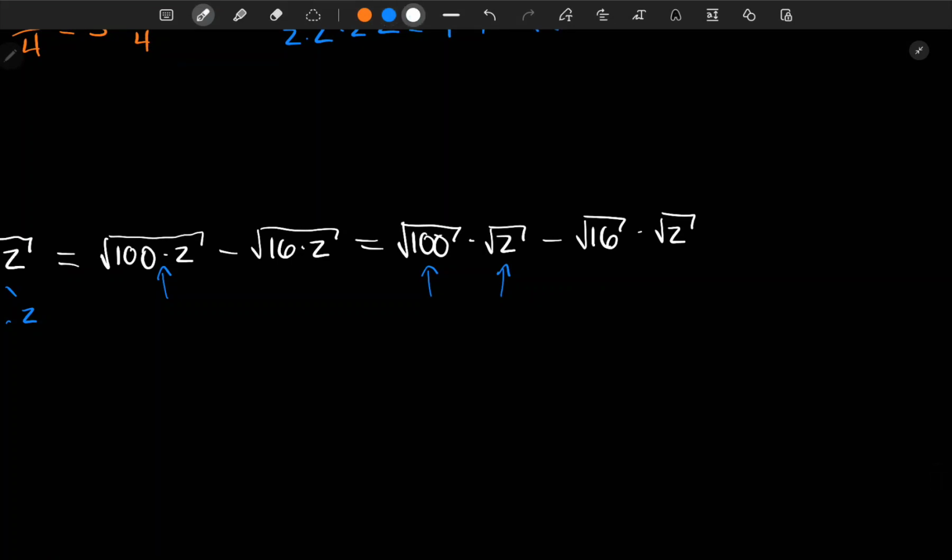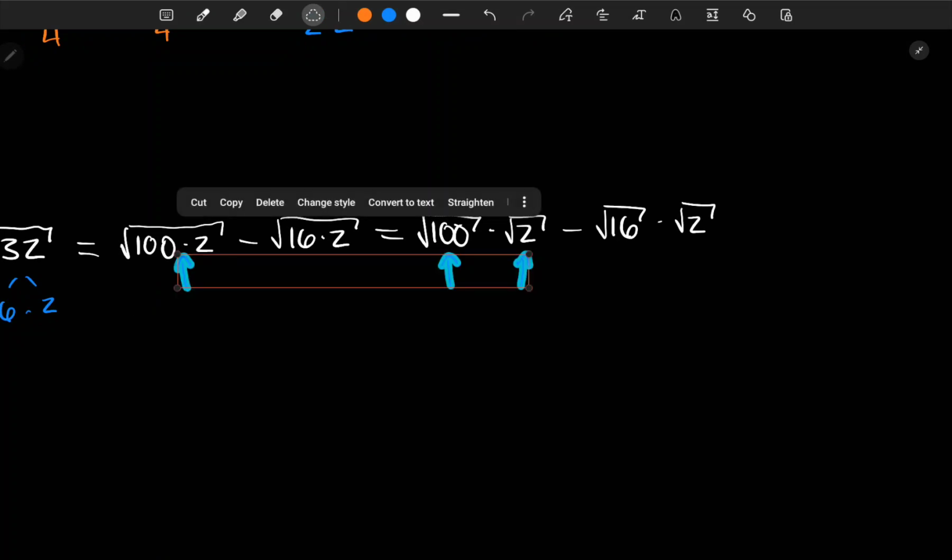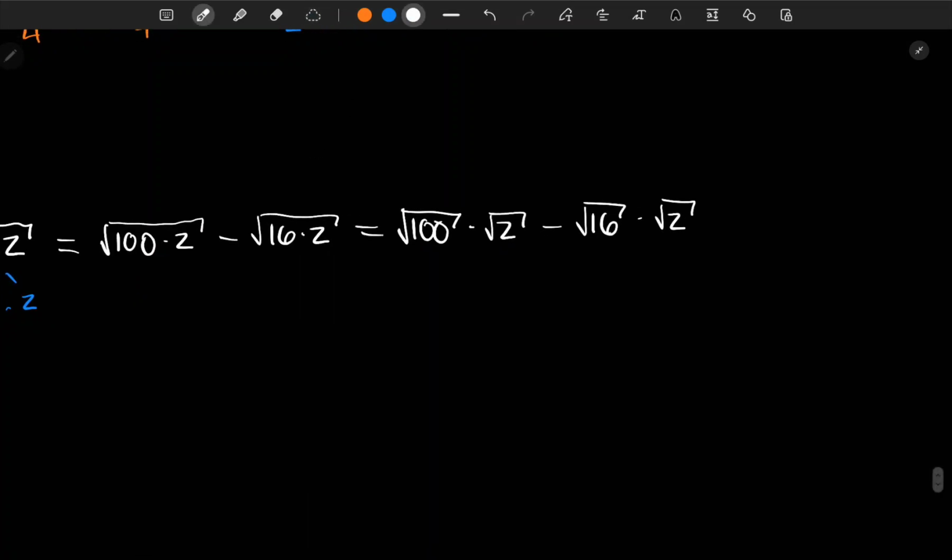Then we next take the square roots themselves. So here, the square root of 100 is equal to 10, and the square root of 16 is 4. So this becomes 10 square root 2 minus 4 square root 2.